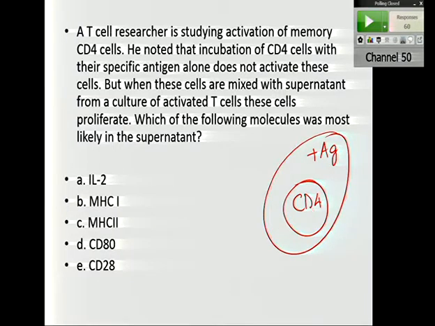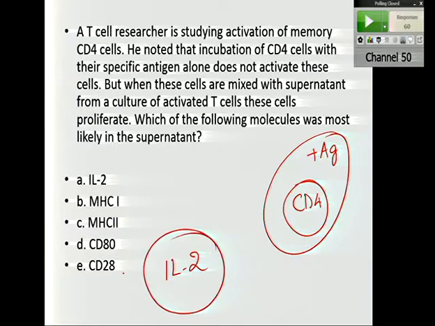proliferation, because what is the third signal? You remember there are three signals. First signal is TCR recognizing the antigen. Second signal is the co-stimulatory molecules. What's the third signal? Interleukin 2. The third signal is interleukin 2.